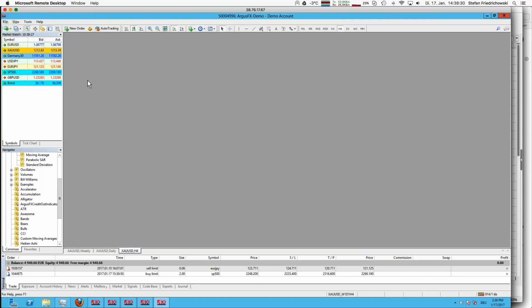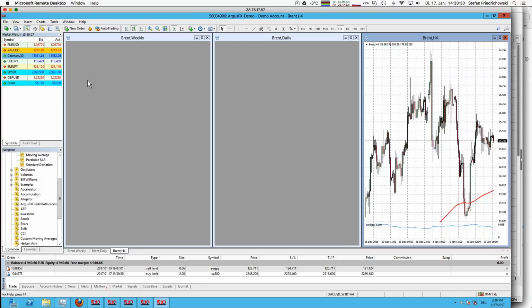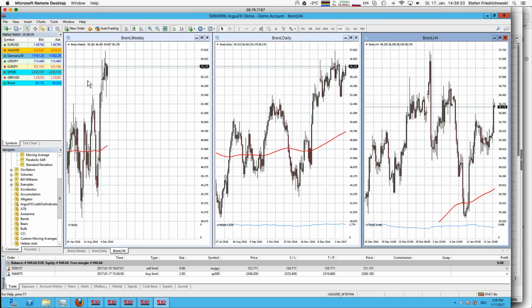And let's look whether we have a better picture here, because I only trade pictures which have a common story. If the overall picture is too unclear, then I simply would not trade.